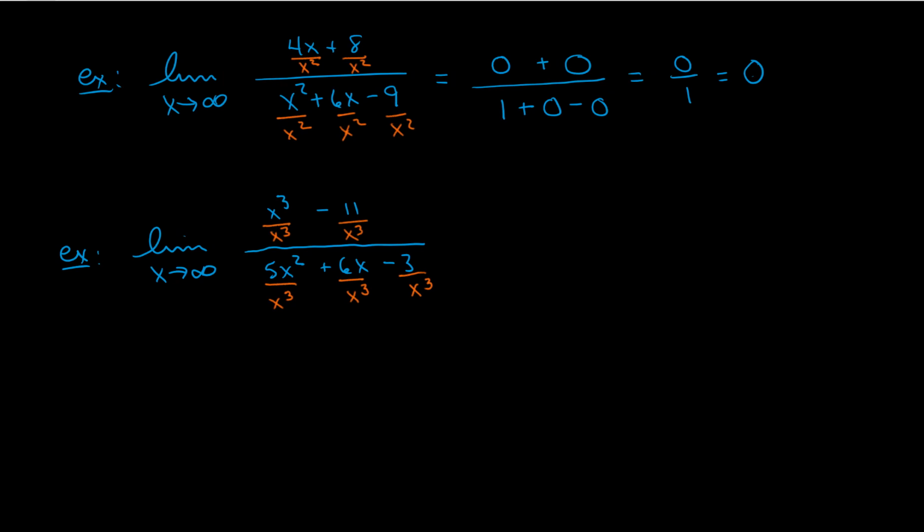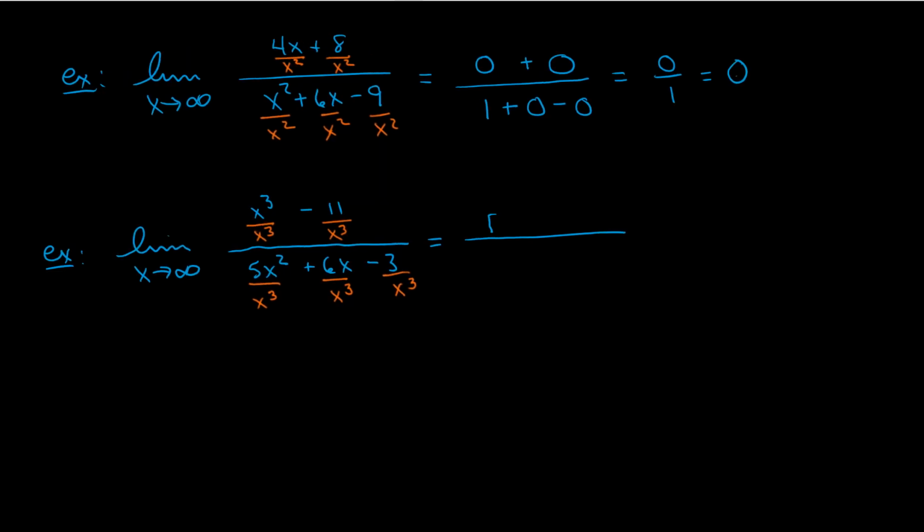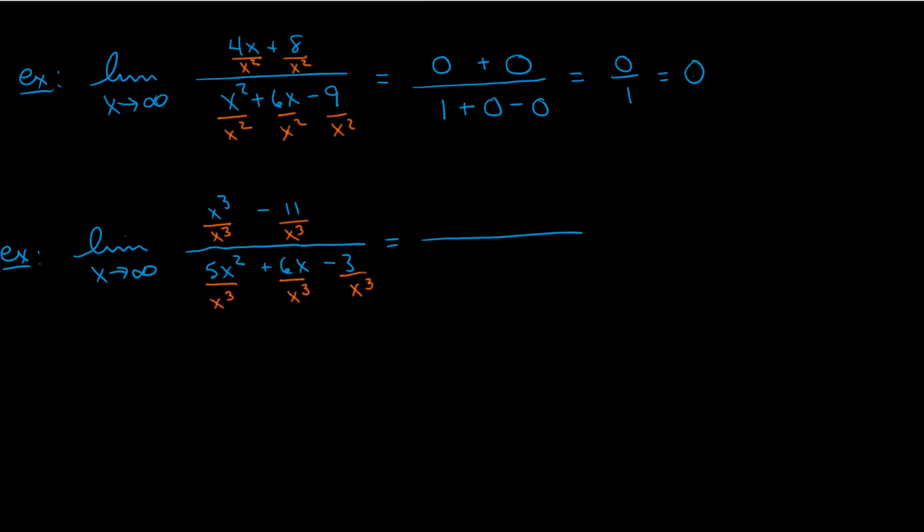As we've done in the several problems that we've looked at up to this point, we're going to look at each part one at a time. X cubed over x cubed is just 1. So we have 1, and then we have minus 11 over x cubed. As the x cubed goes to infinity, this is going to wind up being a 0.